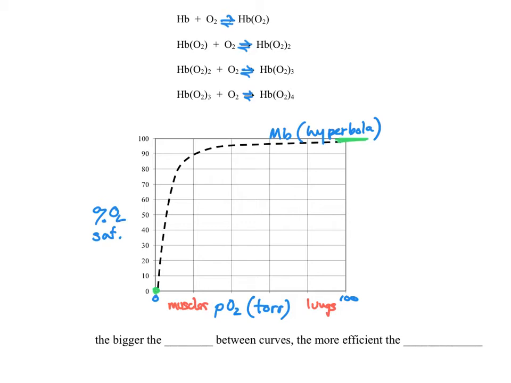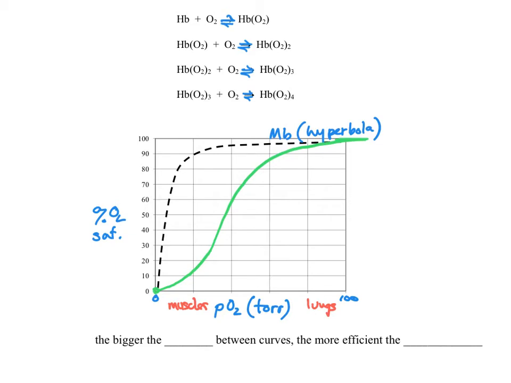How can we draw a curve that is really tight binding to oxygen in the lungs, but not tight binding in the muscles? What we're going to have to do is draw a curve that has low saturation down here in the muscles because it doesn't bind it very tightly, and then tangent out again at high oxygen PO2s in the lungs.